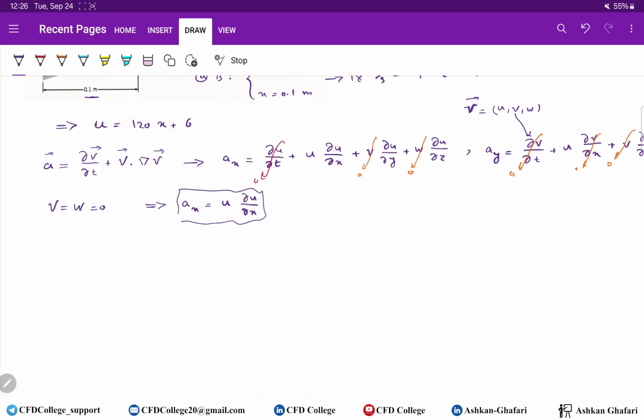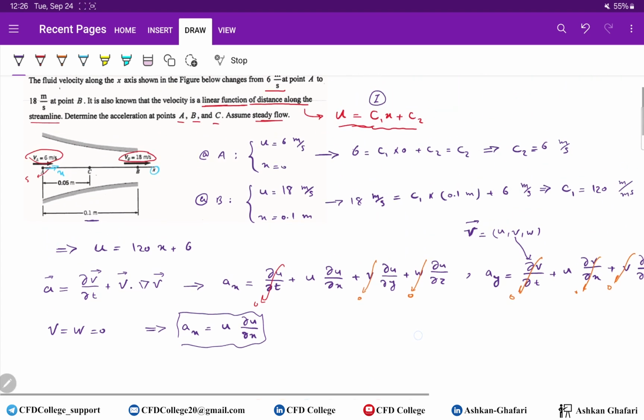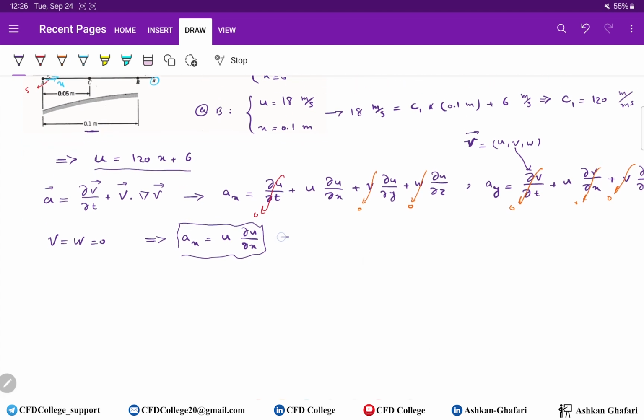Now we can find it because we know the velocity profile u. So ax equals u times 120x plus 6 times the derivative of u with respect to x, which is 120.